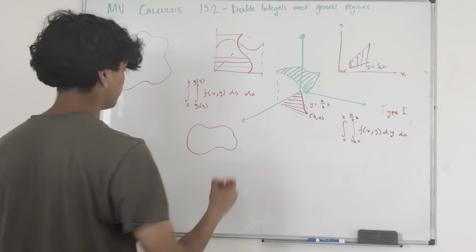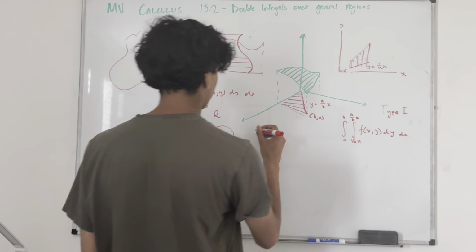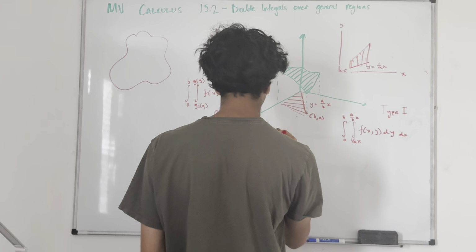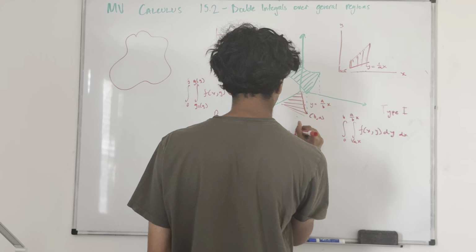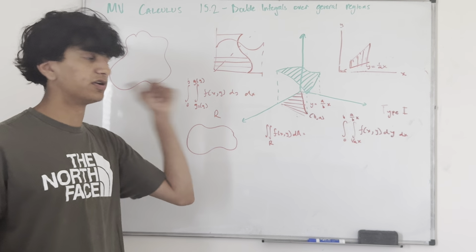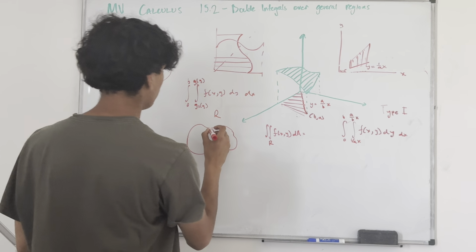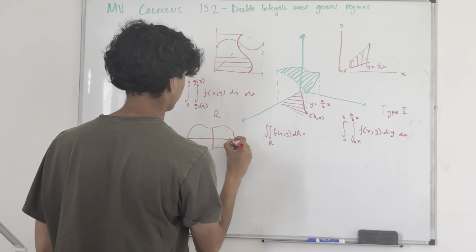What you can do, if this is our region R, is use this property of integrals. The double integral across this region R of f of x, y, dA is equal to, and remember this is a notation we talked about last time, you can actually split this up. You can make your own bounds, right?